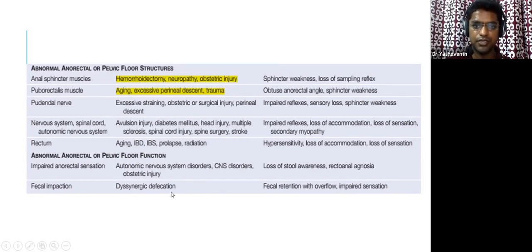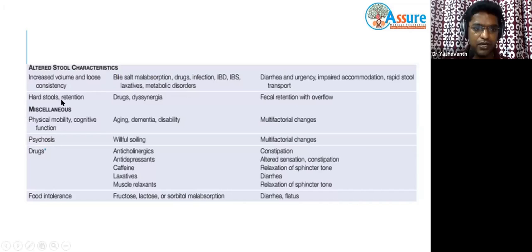I told you about children, how it affects them. They have encopresis that sometimes can be confused for incontinence. Altered stool characteristics like bile acid malabsorption or any diarrhea for that matter can cause incontinence, especially in the extremes of age.